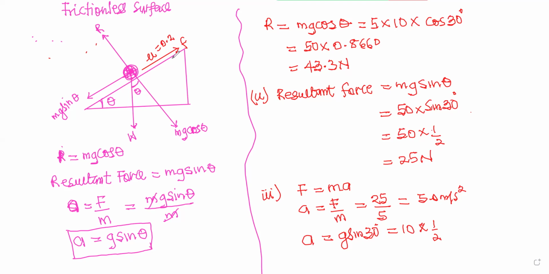And two, the acceleration of the body when there is a consideration of friction. Okay, and let me add a third one. We are to determine the length of the inclined plane when the height of the plane is 1.5 meters.